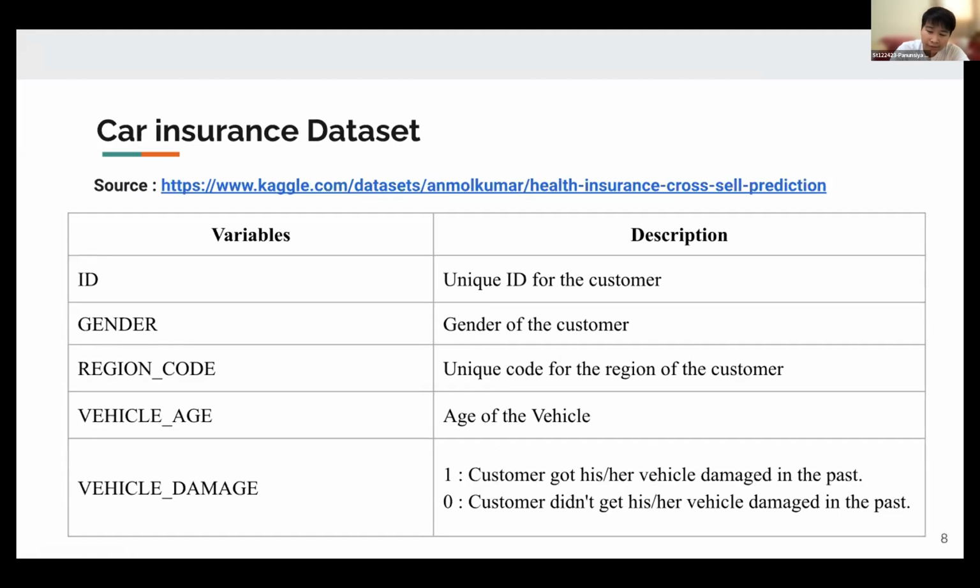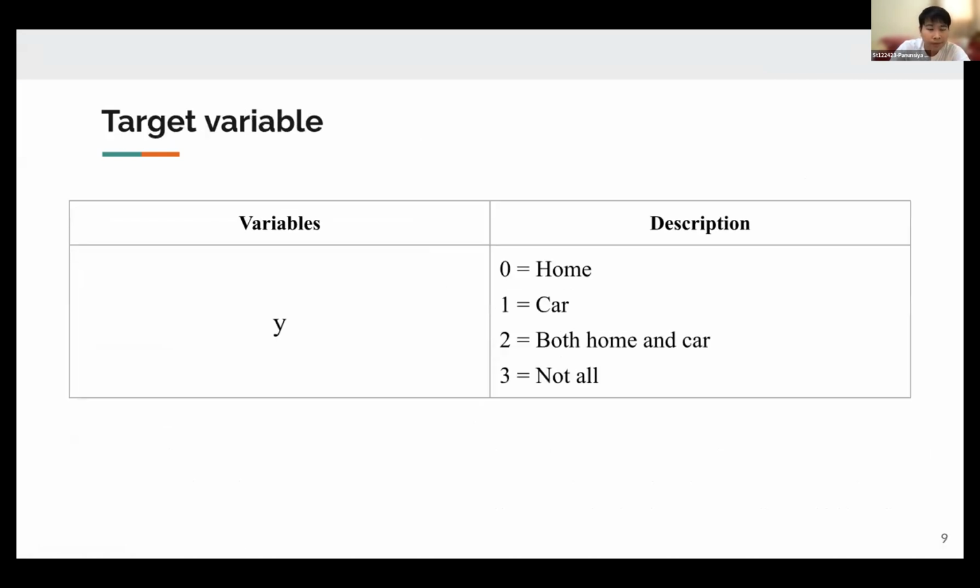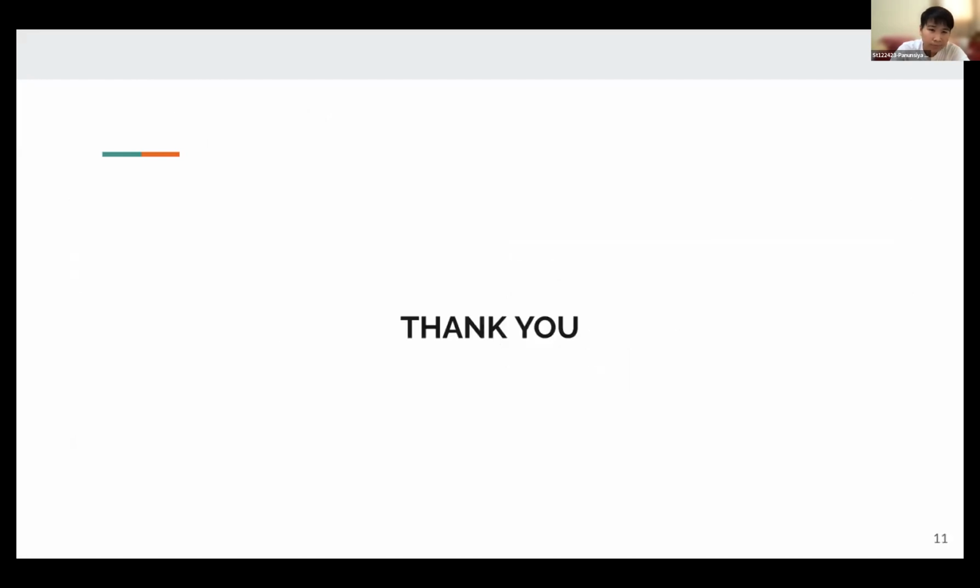And the third data set that we selected to maybe merge with is the car insurance. Some variables are ID, gender, region code, vehicle age, and vehicle damage. Our target variable is, as you can see, 0 for customers only interested in home, 1 for car, 2 for both, and 3 for neither.